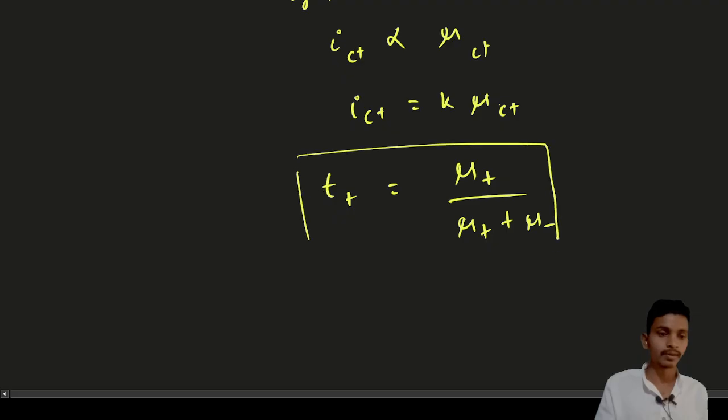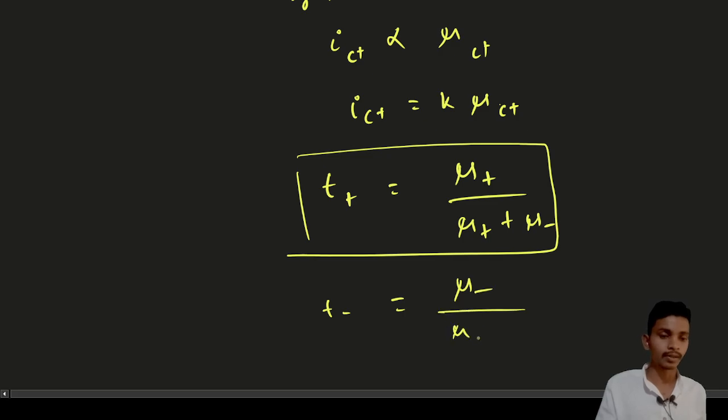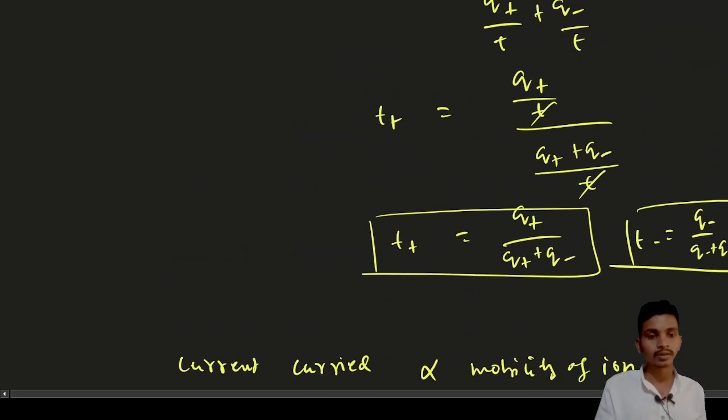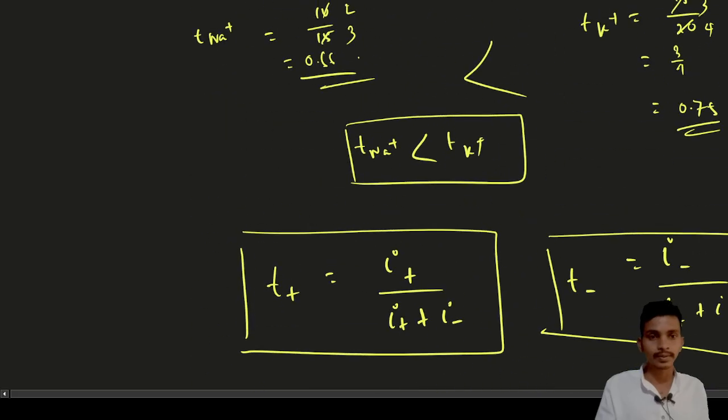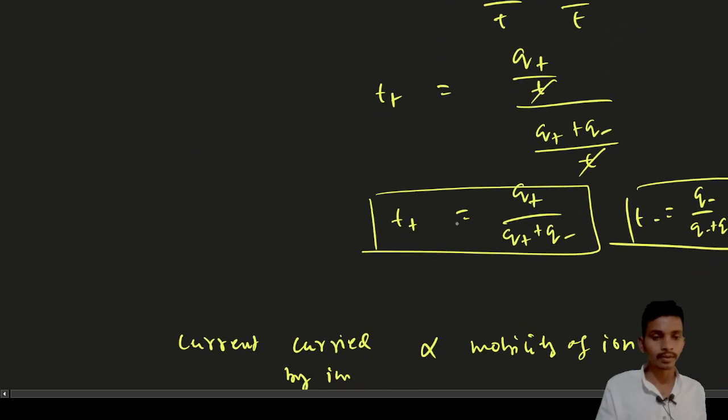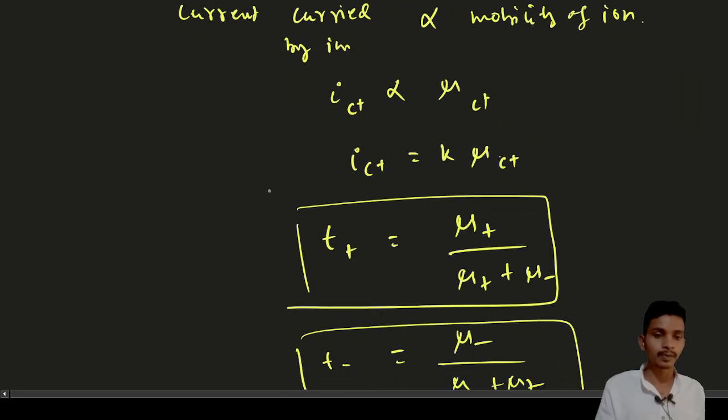Similarly, transport number of anions is mobility of anions upon mobility of anions plus mobility of cations. Okay, so how many relations did we get? One relation of transport number with current, transport number with charge, and transport number with mobilities.